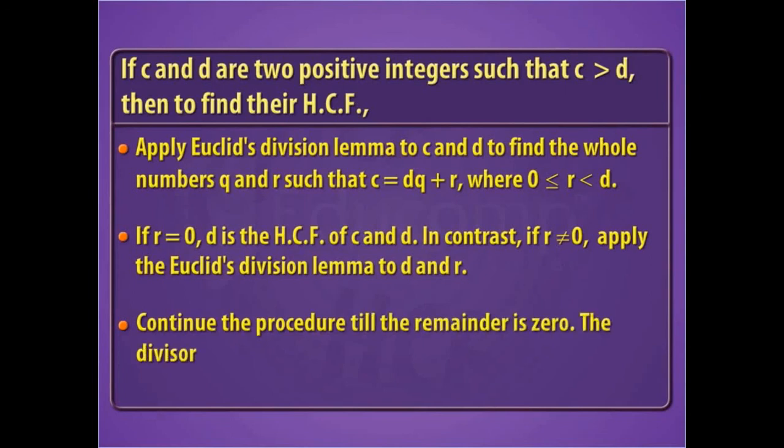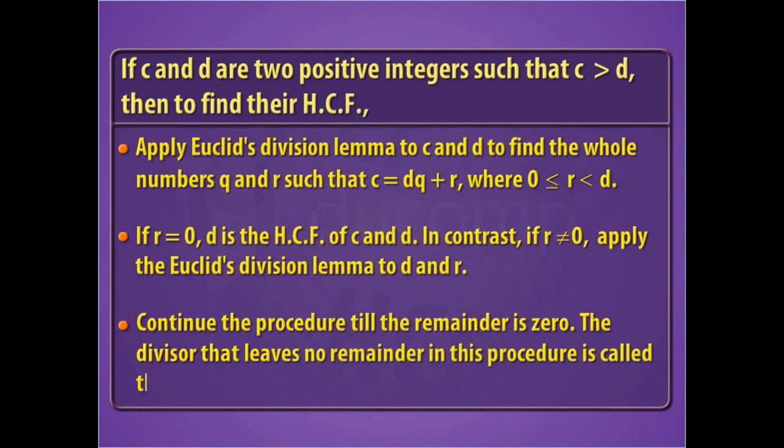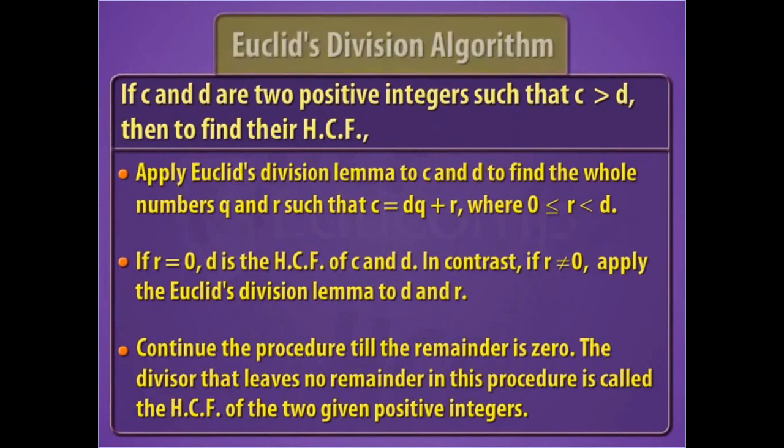The divisor that leaves no remainder in this procedure is called the highest common factor of the two given positive integers. This procedure is called Euclid's division algorithm.